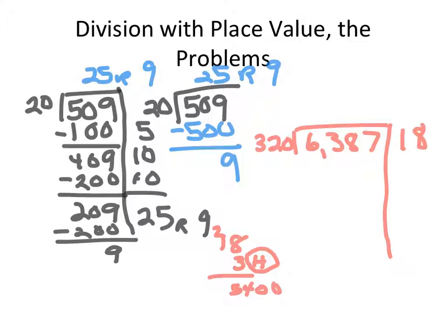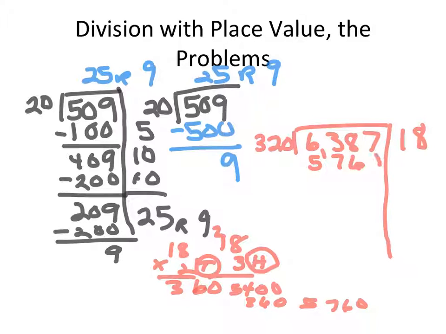But I still haven't taken the 20 times the 18, so I'll have to take the 18 times 20, which is like 2 tens, so that would be 36. But that's actually 36 tens, which would be 360. So now if I add both of those together, I'm going to get 5,760. So that's how much I've already used.